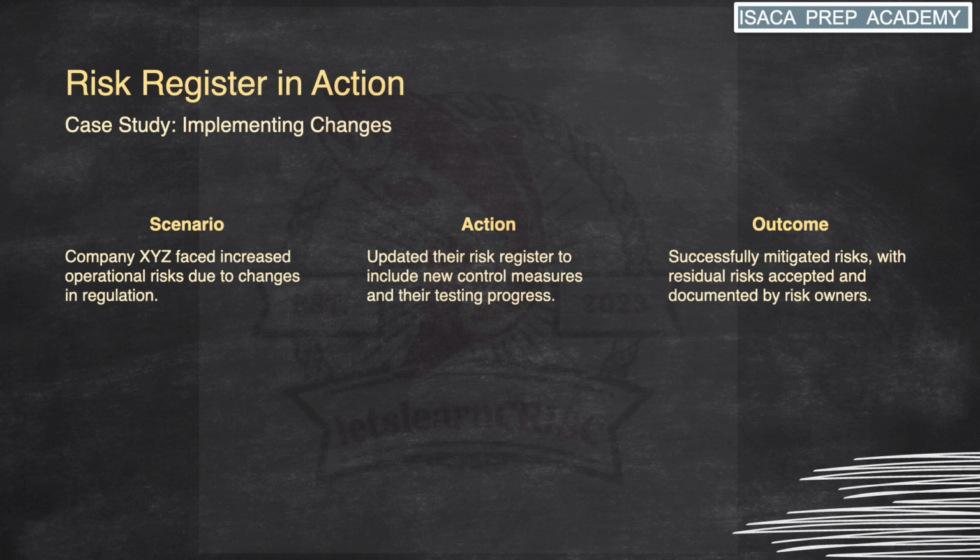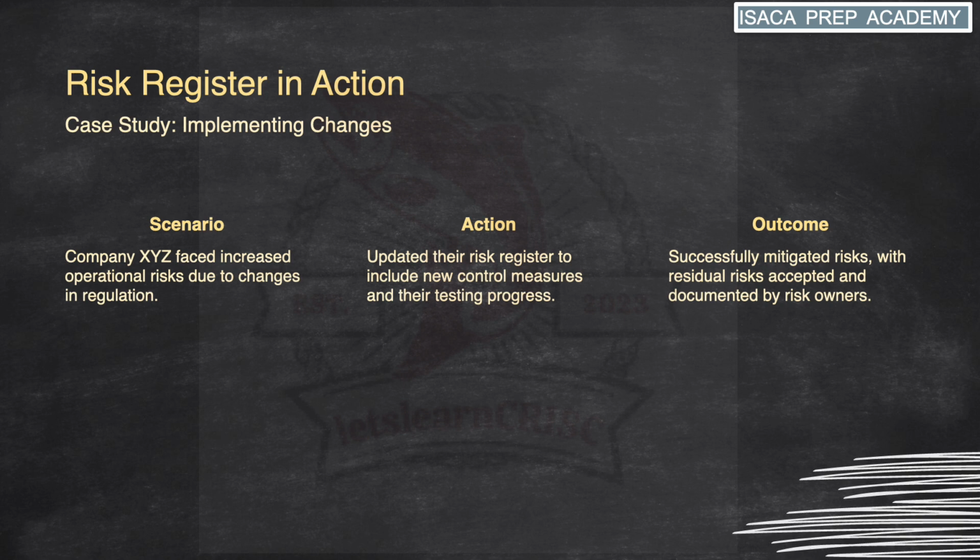The acceptance and documentation of residual risks demonstrate a realistic understanding of the remaining risk exposure and a willingness to manage these risks within acceptable tolerance. Friends, this outcome not only strengthens company XYZ's risk management framework but also fosters transparency and accountability within the organization.